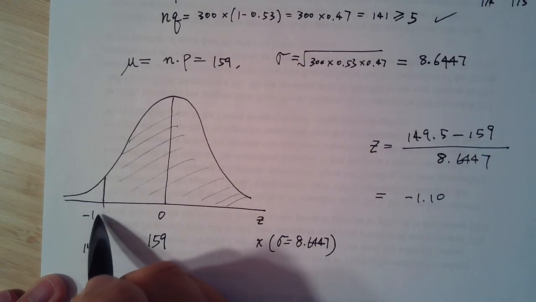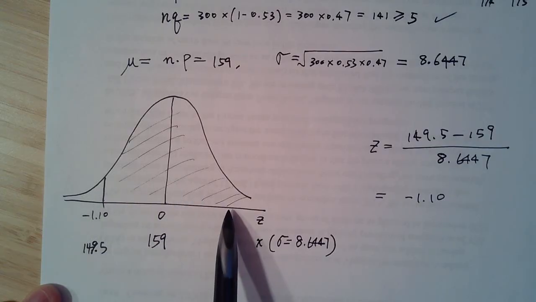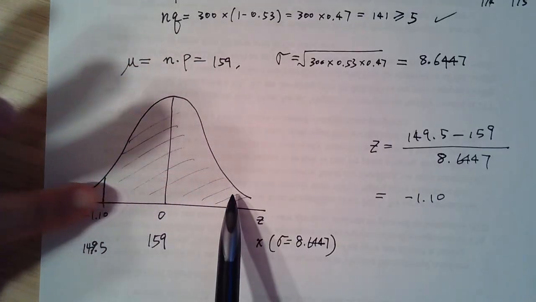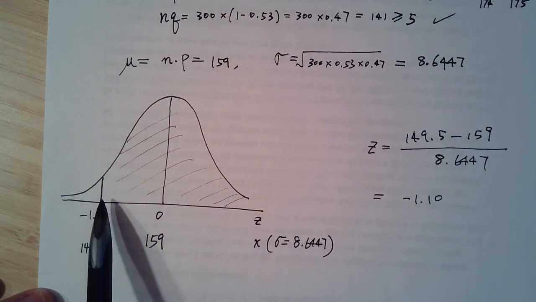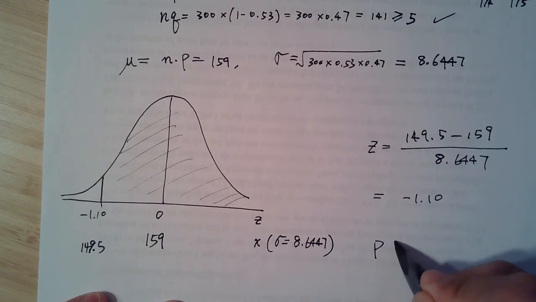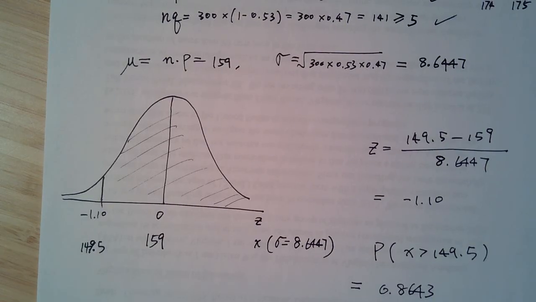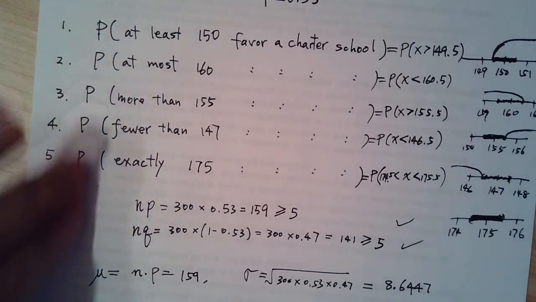And then you can look at the negative z-score to get this little area and subtract that from 1, or you just look at the positive 1.10, because the area to the left of a positive 1.10 is the same as the area to the right of a negative 1.10. So the probability of x greater than 149.5, I look at the table, should be 0.8643. Okay, I'm not going to continue to finish all of those, but I think you already got the idea how to do this.